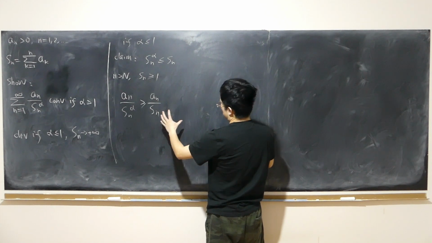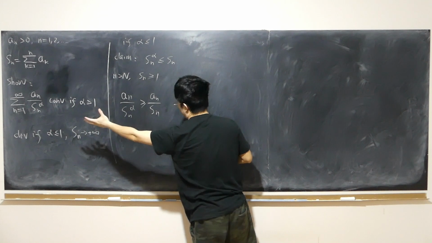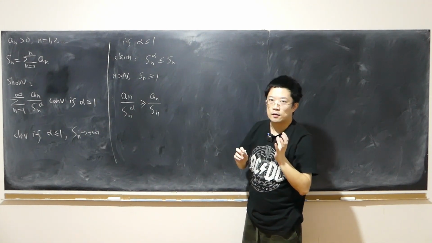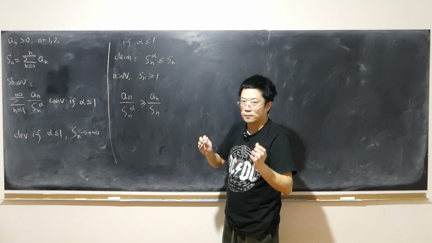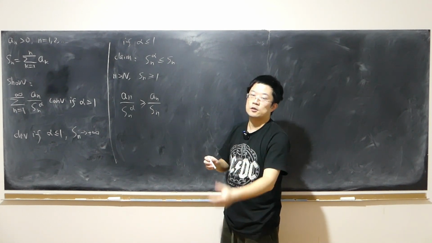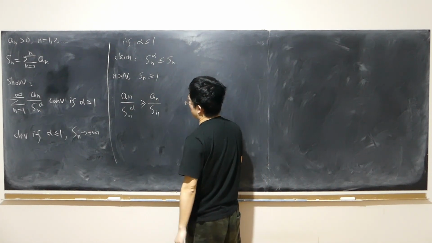So when n is large enough, because before the capital N, I have at most finitely many terms. And we all know that finitely many terms does not impact the convergence of a series. So all I care about is the terms after this N, right?